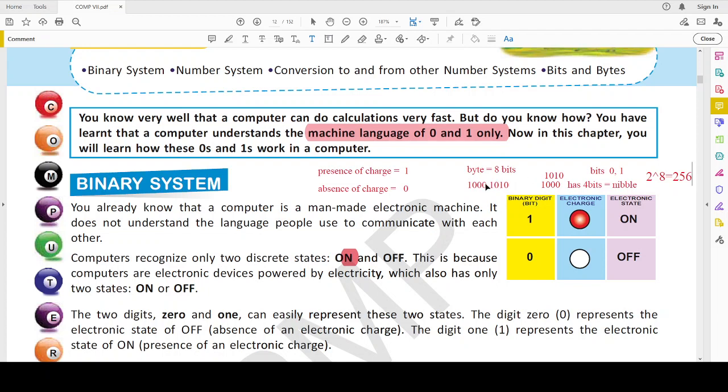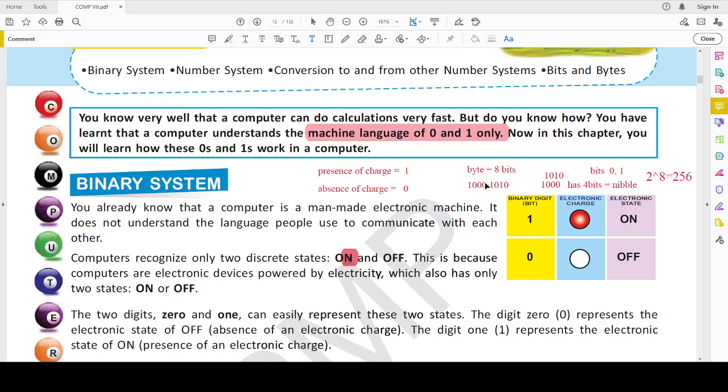Now we cannot memorize these numbers easily. Can we memorize 256 representations so easily? No. So to make it compact, other number systems are also used, like octal and hexadecimal numbers.